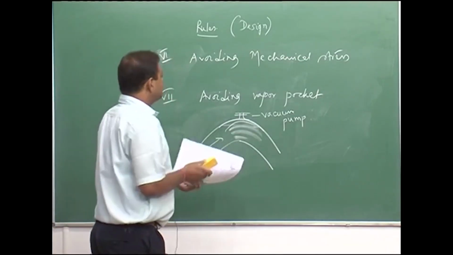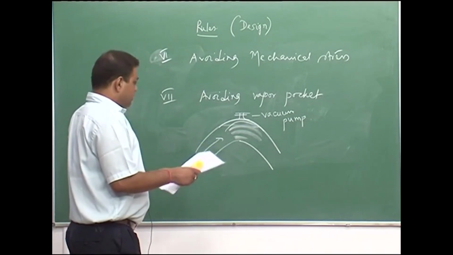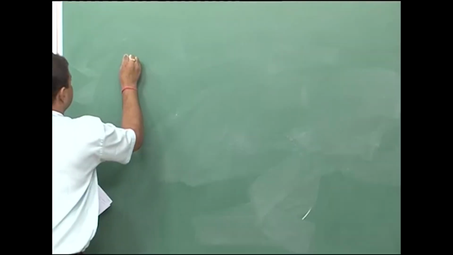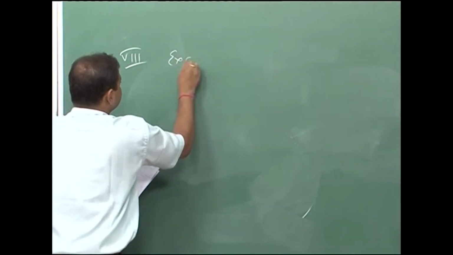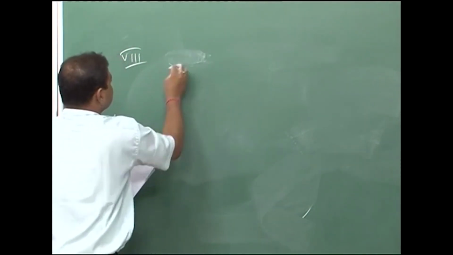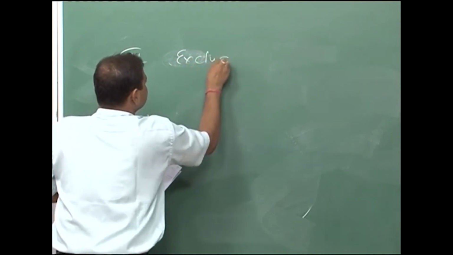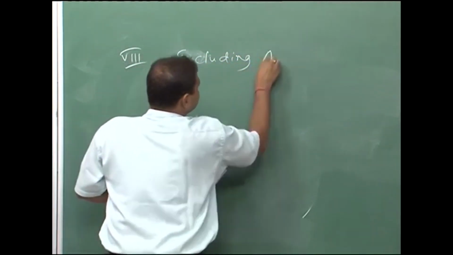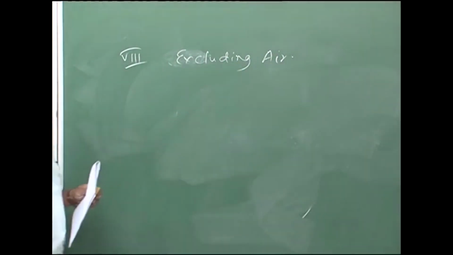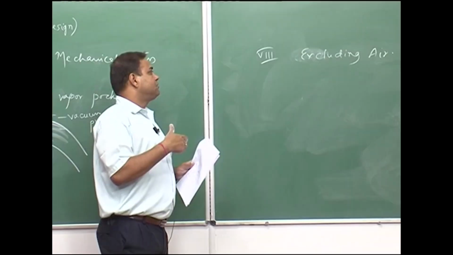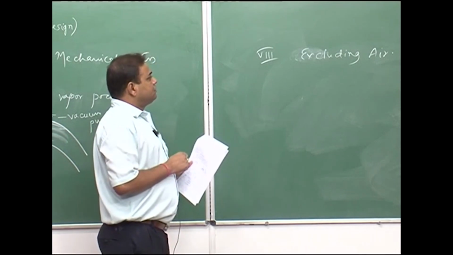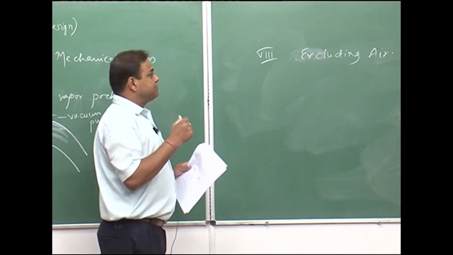Then we can also exclude air. This is number 8. Excluding air, we can take care of the air, and oxygen is one major substance which leads to corrosion in many systems.